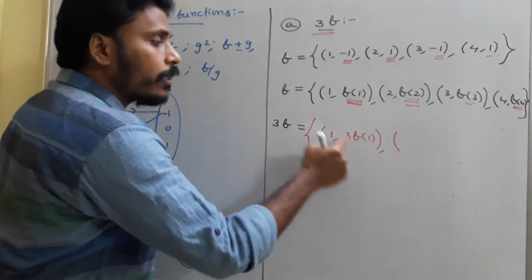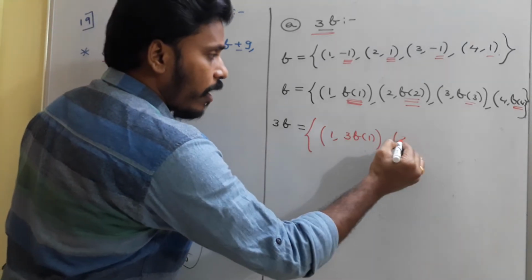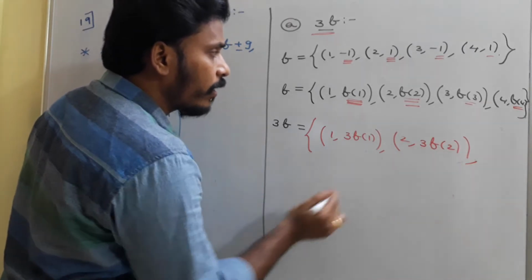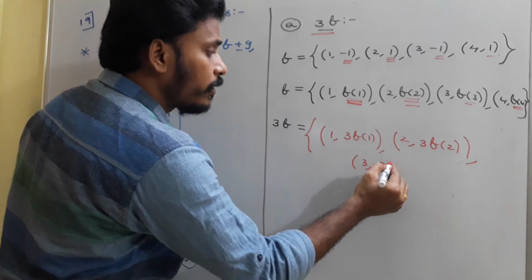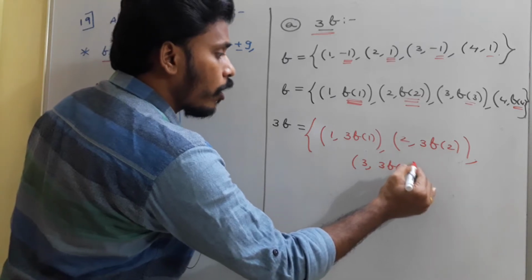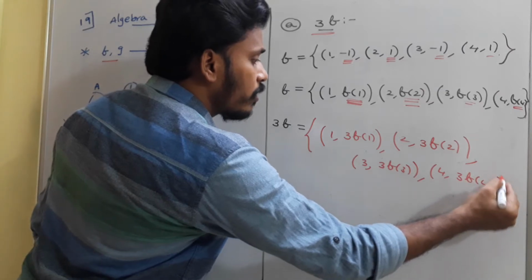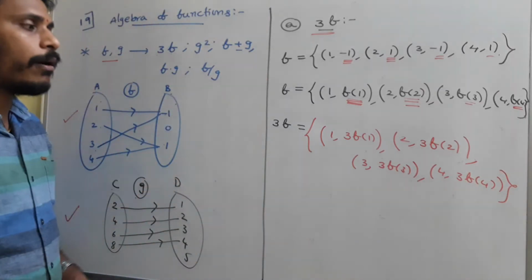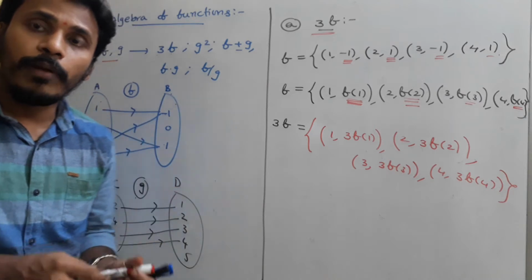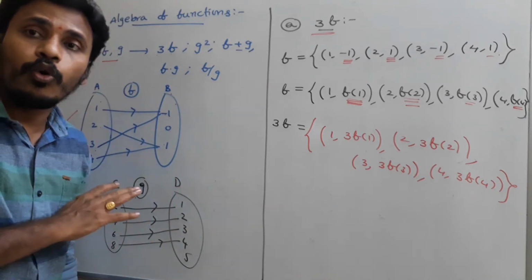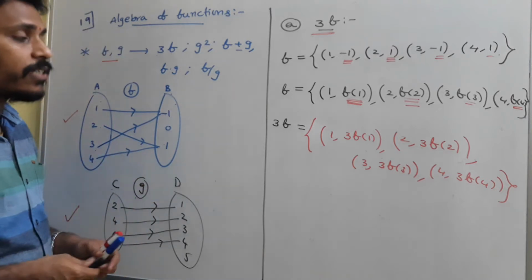So 1 comma 3f of 1, then 2 comma 3f of 2, then 3 comma 3f of 3, and then 4 comma 3f of 4. This is basically the constant multiplication of a function. Multiplying a function with a constant means the elements in the first set won't change, only the elements in the second set will change.